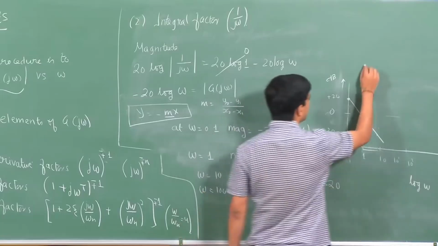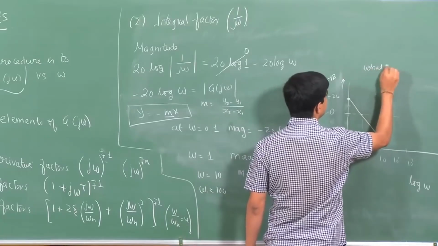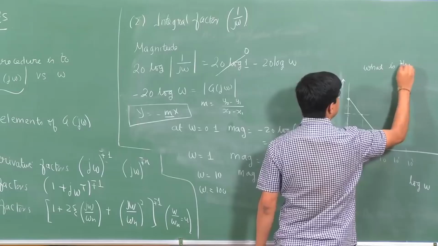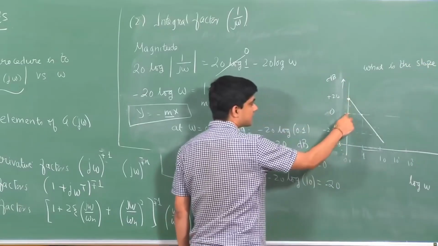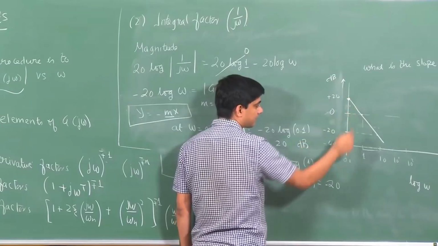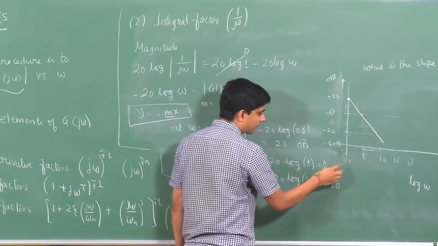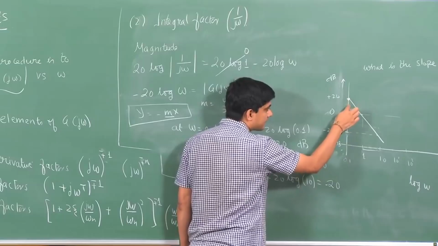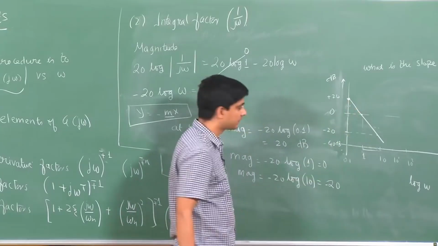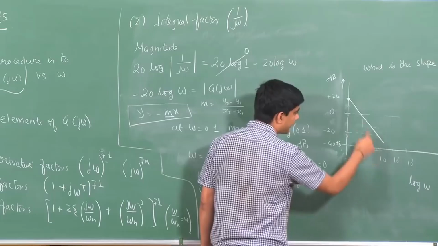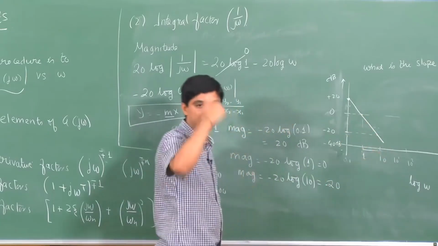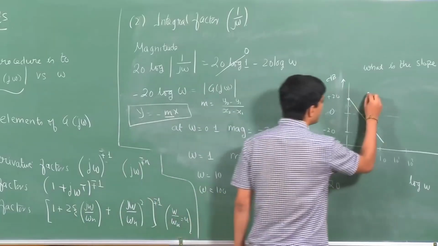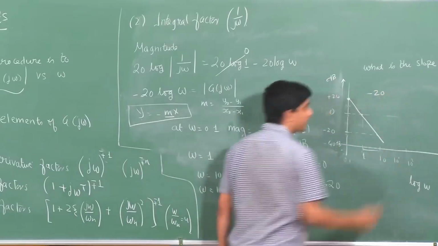Now, what is the slope? See how much the y axis changes from here till here. When I measure from frequency of 0.1 till 1, it changes 20 in the negative direction. Again, 1 till 10, it goes from 0 to minus 20, again negative 20. So, this has a slope of minus 20. Minus 20 what?